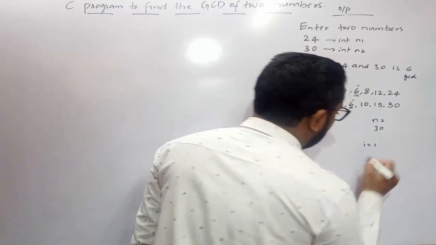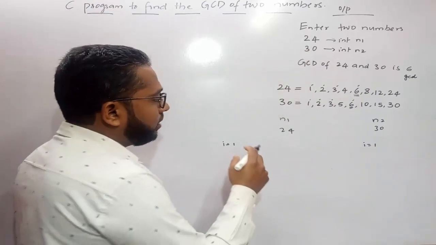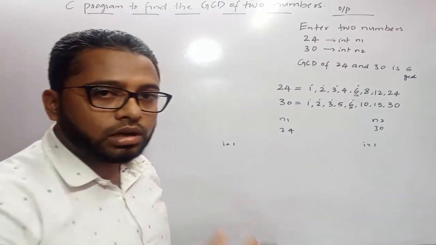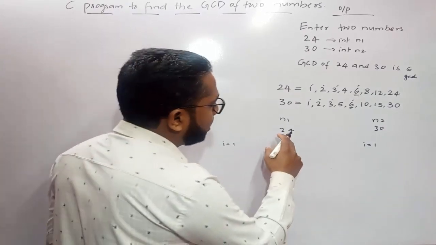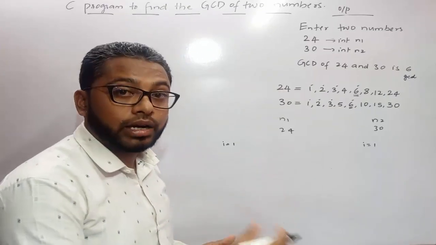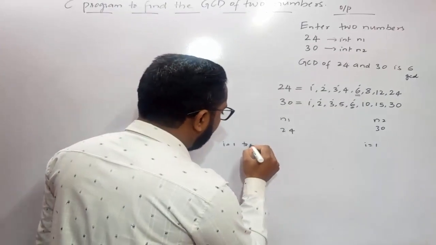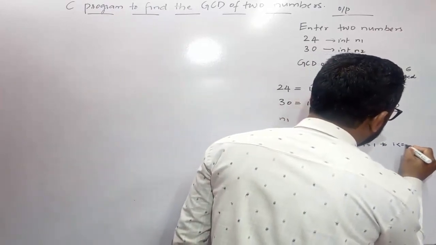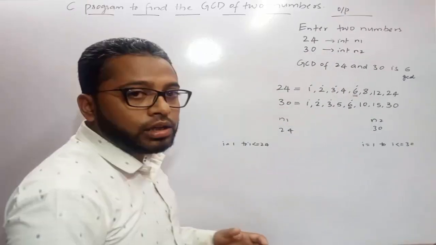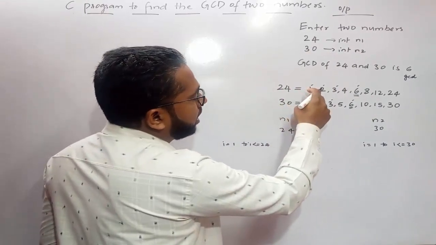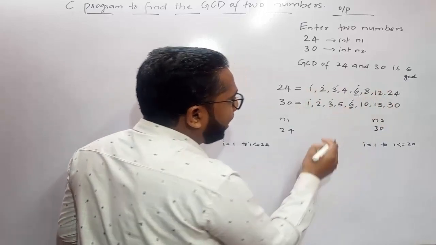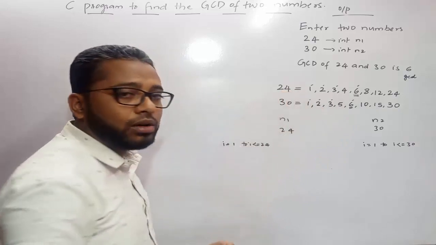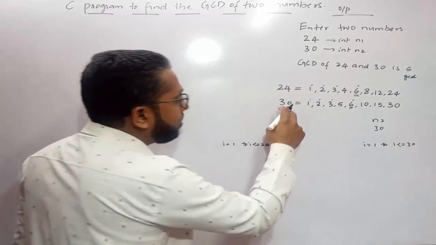We will check from the value of I up to 24 which numbers completely divide 24 without leaving any remainder, so I is less than or equal to 24, and the same for 30, I is less than or equal to 30. One by one, with each number starting from 1, I need to check whether that number completely divides 24 without leaving any remainder, and do the same thing for 30.